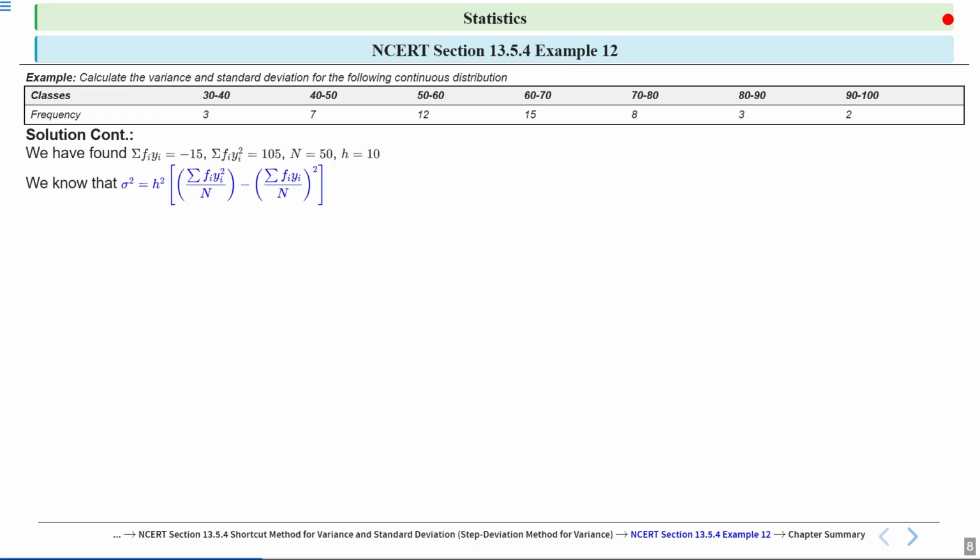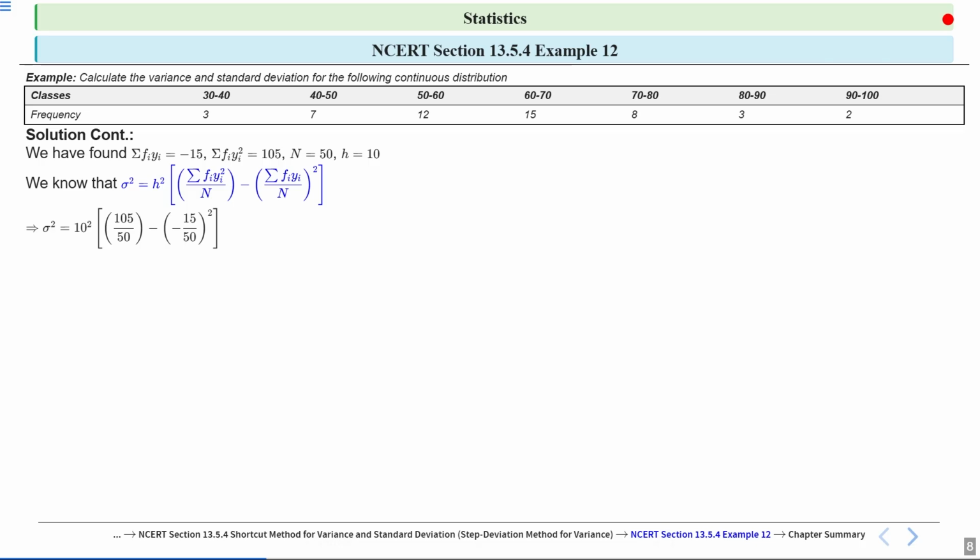The formula is variance sigma squared equals h squared times the summation of fi times yi square divided by n, minus the summation of fi times yi divided by n, whole squared.